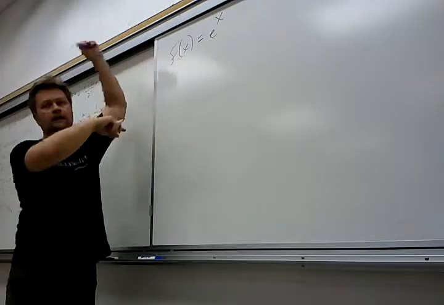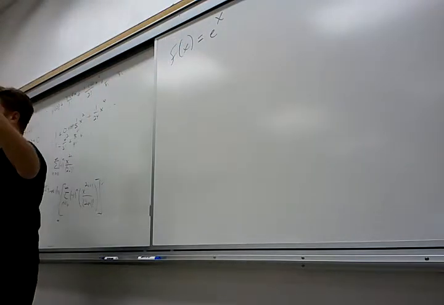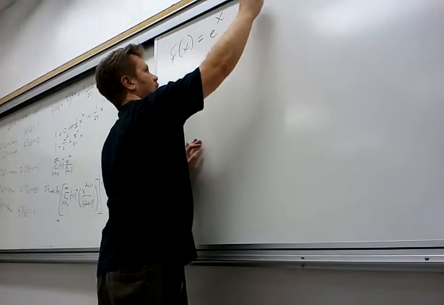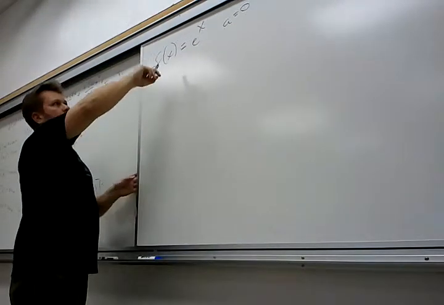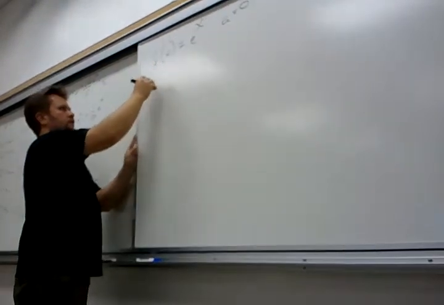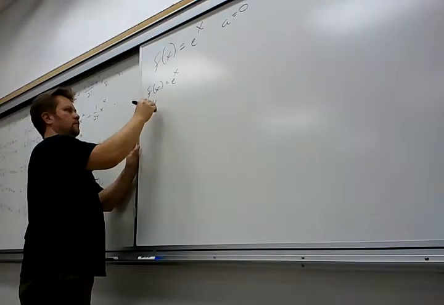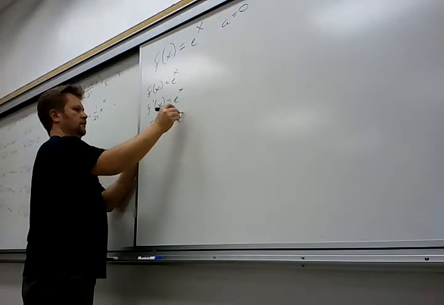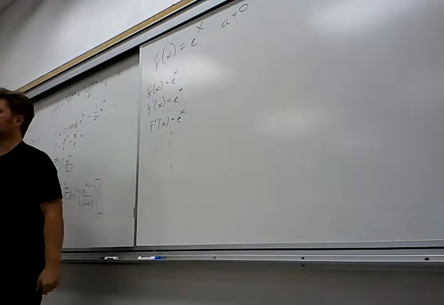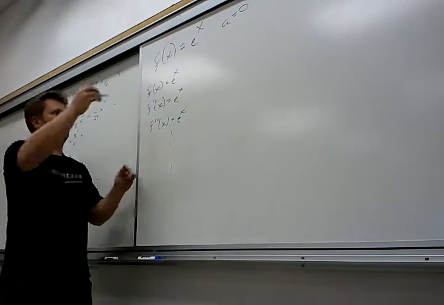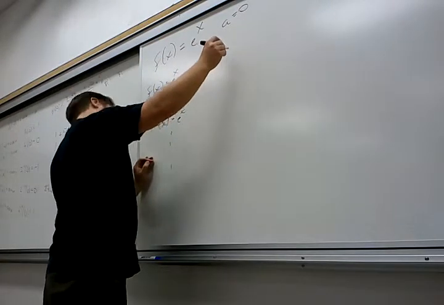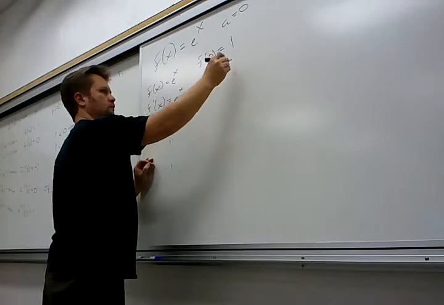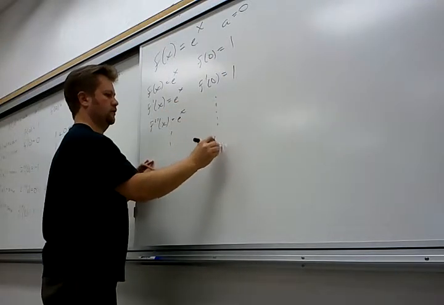So to create this Taylor series, Maclaurin, build it around a equals 0. Do it the same way, right? f of x equals e to the x. In fact, this is nice. f of 0 is 1. f prime of 0 is 1, and so on. f to the n of 0 is 1.